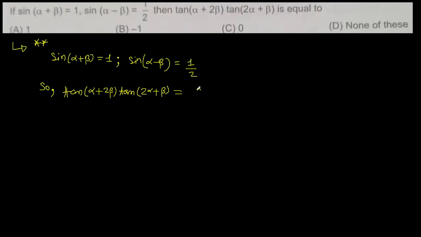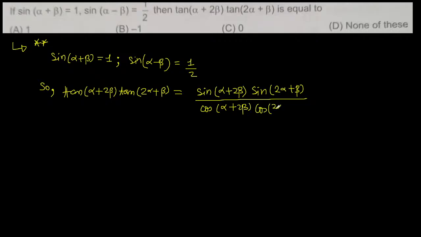So this is sine alpha plus 2 beta, sine 2 alpha plus beta, divided by cos alpha plus 2 beta, cos 2 alpha plus beta. We can multiply by 2, divide by 2.